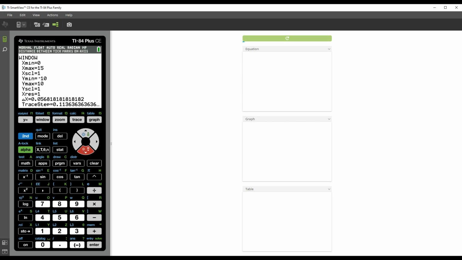And then remember that the Y stands for the number of people with the flu. So at first, there was only 5, but it's not going to be negative people. And let's just say, I don't know, 200 people get the flu. So when I hit graph, there's the people getting the flu.